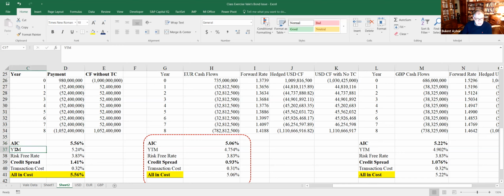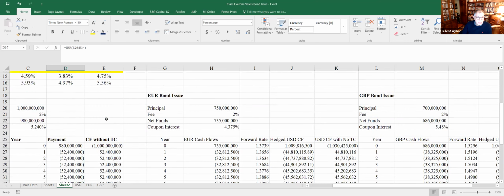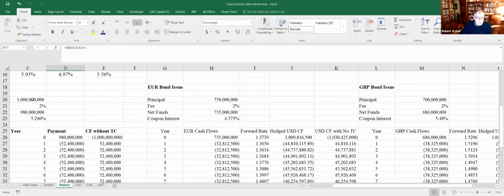The second calculation that we engaged in was yield to maturity. Yield to maturity is simply the internal rate of return of the bond cash flows from the investor's perspective. Investors are paying, in this particular case, for instance, the face value of 1 million, and they are receiving this stream of cash flows.